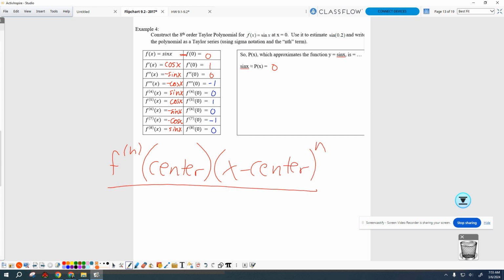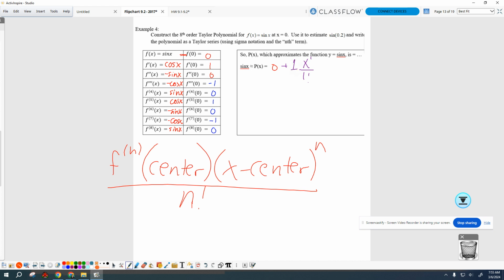To create each term, it's the nth derivative at the center, times x minus the center to the n, over n factorial. My center is 0. So to get the first term, x minus 0 to the first, over 1 factorial, what is the first derivative evaluated at my center? 1.